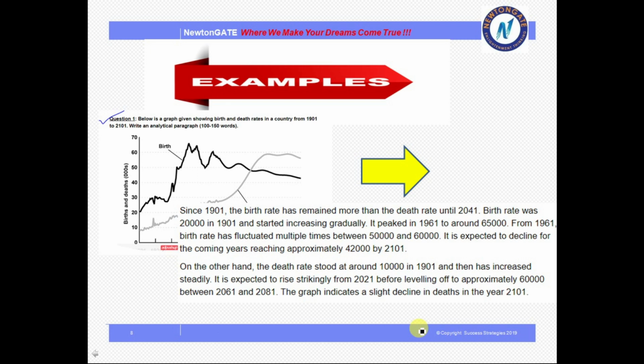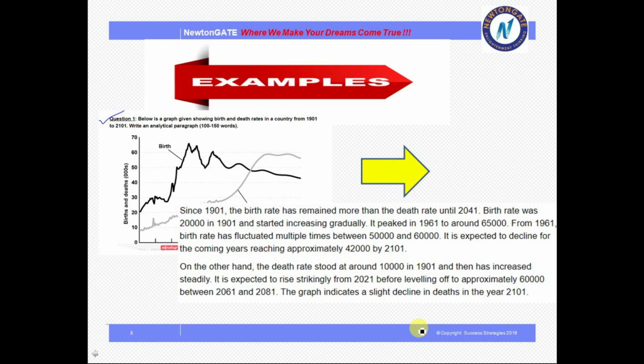Birth rate was 20,000 in 1901, as I have elaborated before, and started increasing gradually. It peaked in 1961 to around 65,000. From 1961, the birth rate has fluctuated multiple times between 50,000 and 60,000. It is expected to decline in the coming years, reaching approximately 42,000 by 2101.